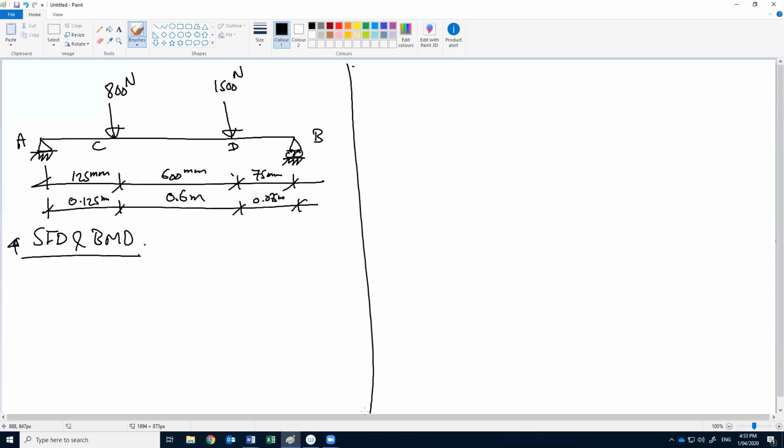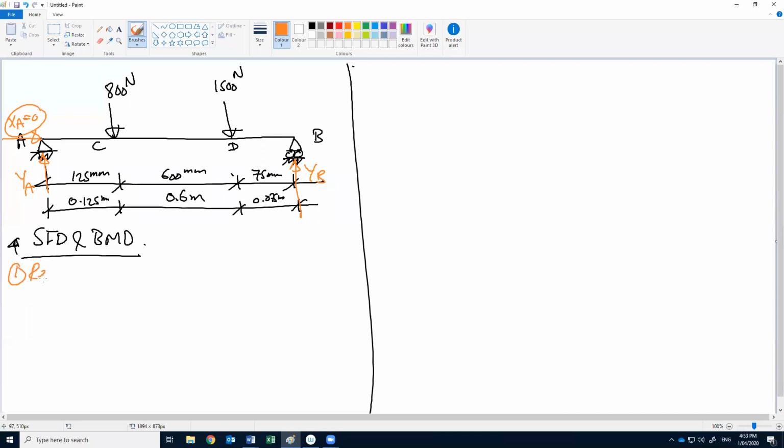First of all, we have two reactions here, XA, YA, and YB. XA should be 0 because we don't have any horizontal force.